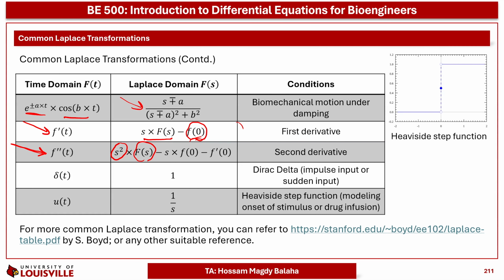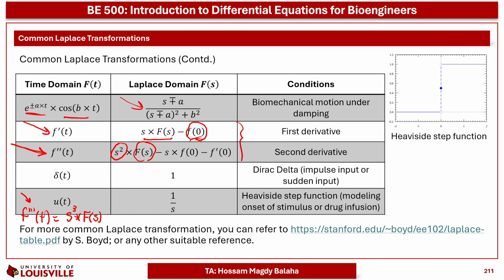So if you notice here, there is a pattern, because if I asked you what's the Laplace transform of the third derivative, simply you start by s raised to the power equal to the order. So s raised to the power of 3 multiplied by F of s. Then each coming f here will be substituted by 0, starting from f of 0 and incrementing the derivative 1 by 1.